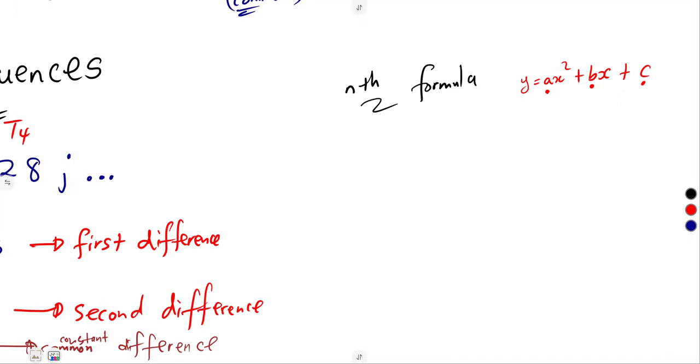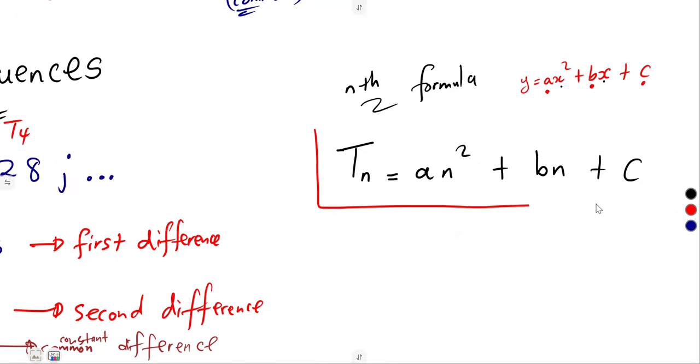So for a sequence now, we present it as Tn is equal to, in place of x, we put n there. So that's an squared plus bn plus c.